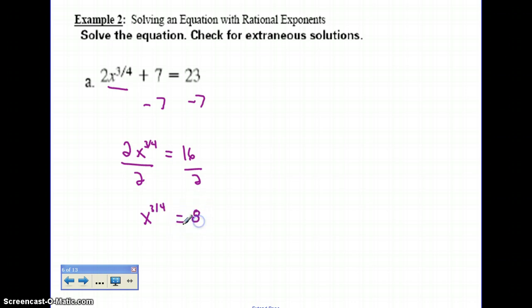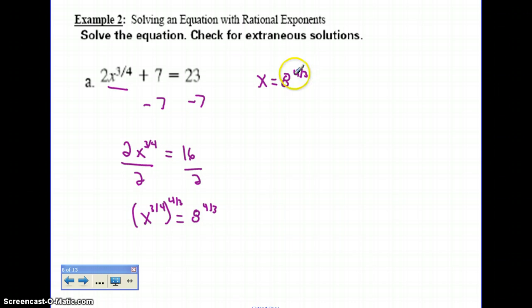Now I want to get rid of the 3/4. What I'm going to do is take both sides to the reciprocal of this power. The reciprocal of 3/4 is 4/3, so I'm going to do that to both sides. Right now I know x equals 8 to the 4/3 power.